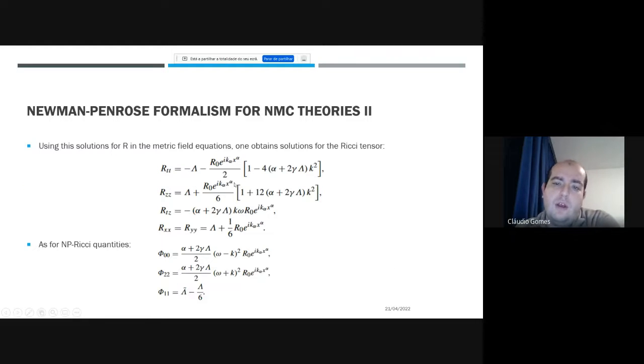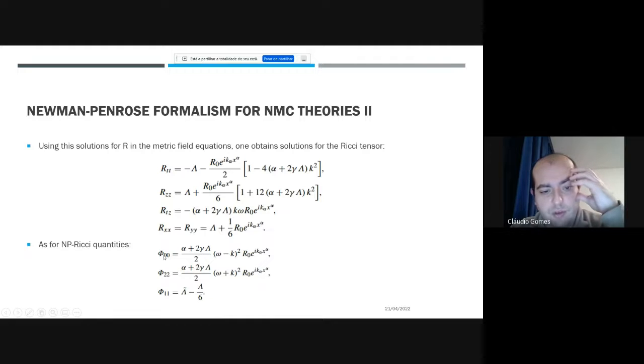And we can now plug these solutions for the Ricci scalar into the metric field equations and look for solutions of the Ricci tensor. And here they are. So the non-vanishing components of the Ricci tensor are displayed here, so that the Newman-Penrose Ricci quantities can be immediately found.